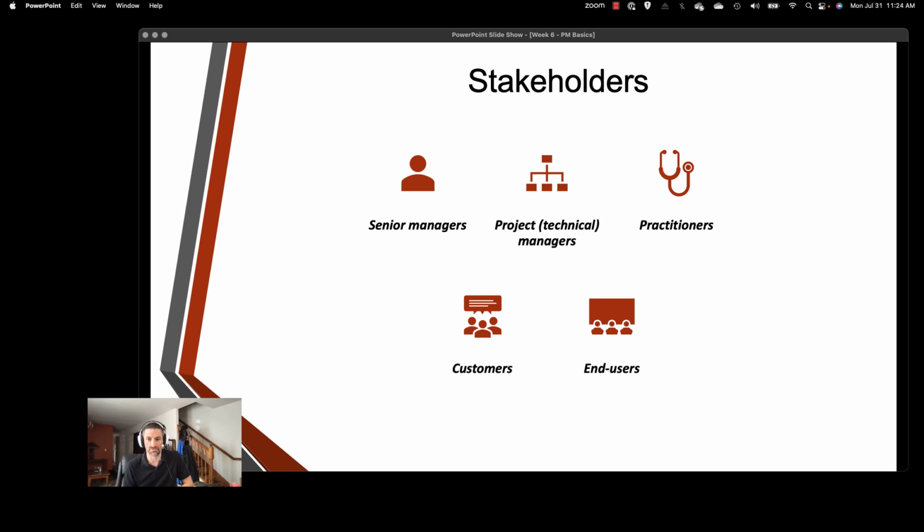Customers, they specify the requirements for the software and make sure that the requirements are being met by meeting with the customers. And then the end users, which are going to be interacting with the software once it is released for production use. So these are all the stakeholders that are involved in the project. These are the people who are deriving value or have some investment in the project.